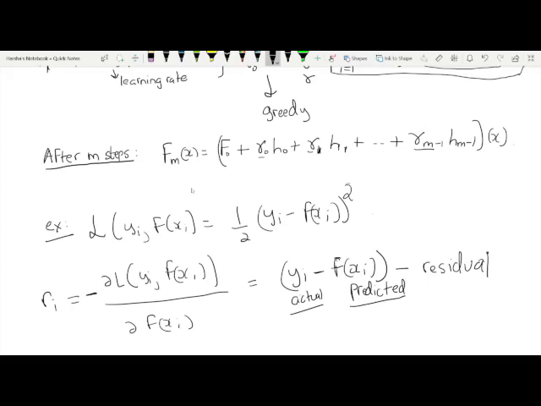And this is in fact why for a general loss function, this partial derivative is called a pseudo residual. And this specific loss function is the most common loss function, squared error. And if you come across regression, we use a similar loss function, the mean squared error.